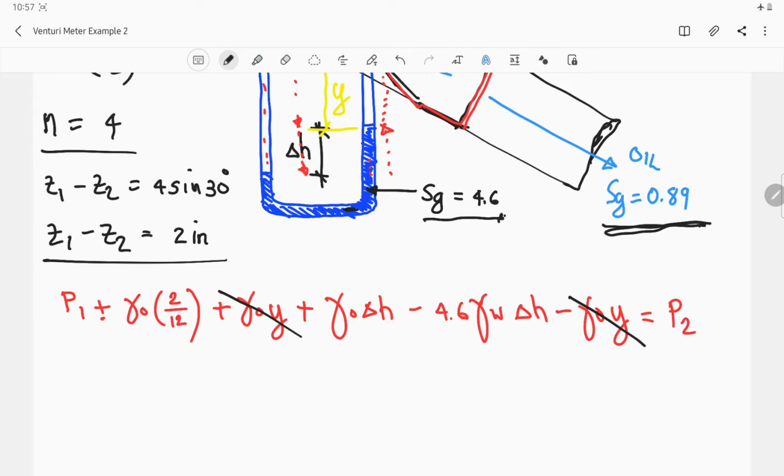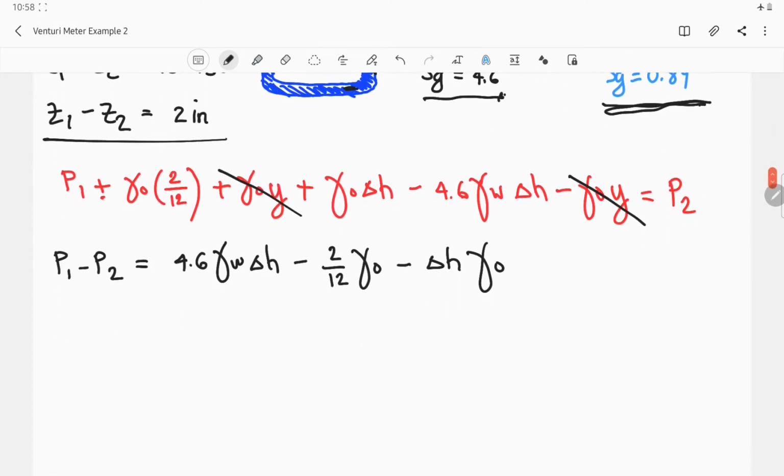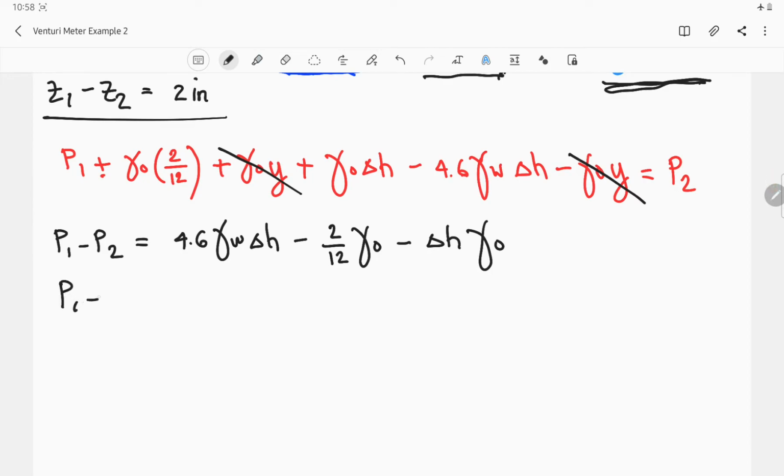Okay, so we can now solve P1 minus P2. That would be equal to 4.6 gamma of water times delta H, minus 2 over 12 gamma of oil, minus delta H gamma of oil. We can solve that further.